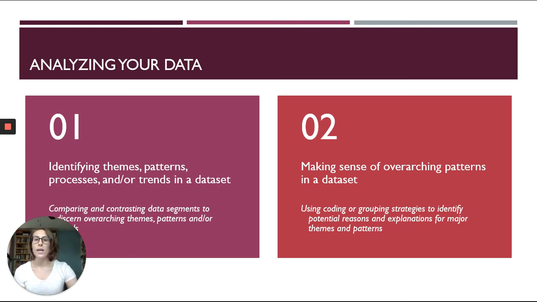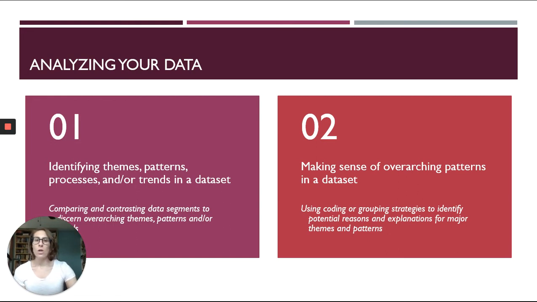Your first goal is identifying themes, patterns, processes, and/or trends in a data set. And this is where you're kind of comparing, contrasting words, phrases, sentences in order to discern overarching themes, patterns, or trends.